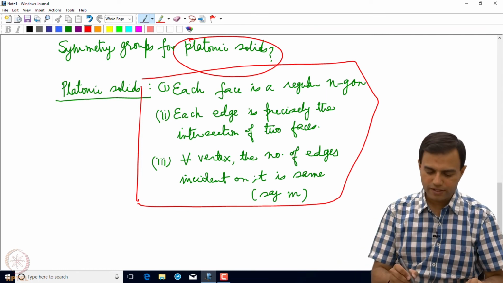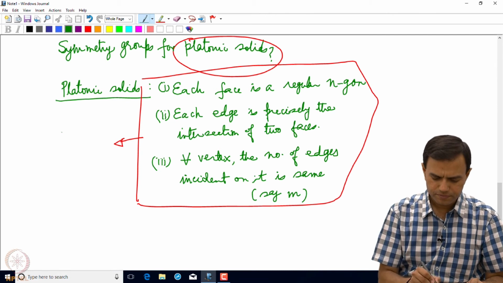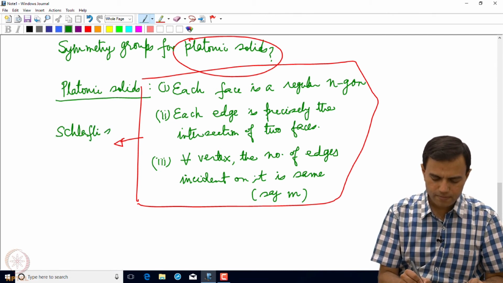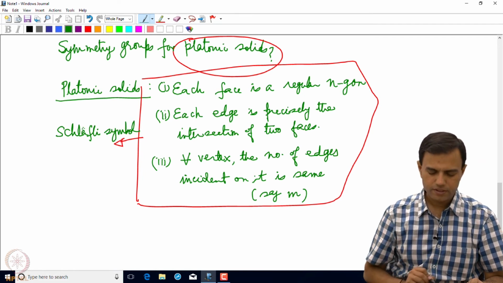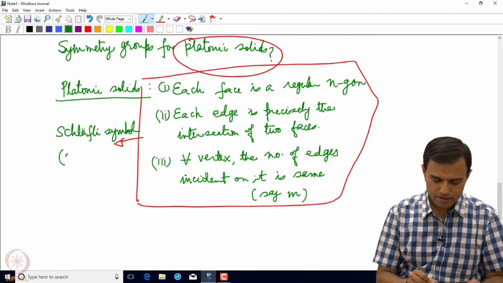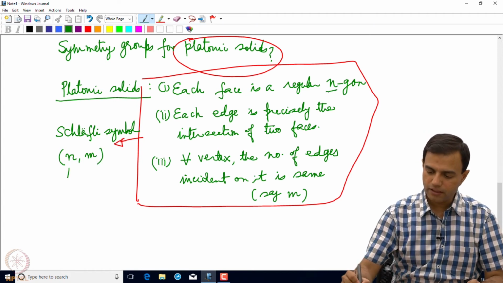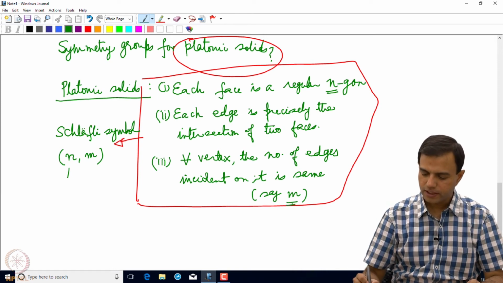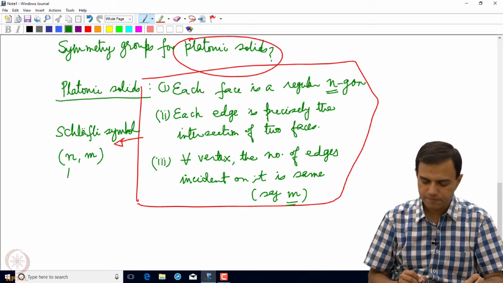So to each Platonic solid, therefore you can associate what is called Schläfli symbol. Schläfli was a mathematician from Germany. So what is the Schläfli symbol? n, m. n is that regular n-gon and m is number of edges which are incident on a vertex.